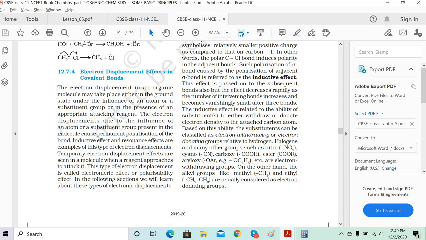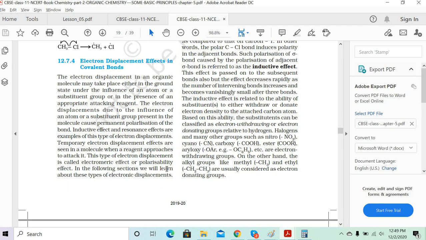The electron displacement due to the influence of the atom or substituent group present in the molecule causes a permanent polarization of the bond, and the inductive effect and the resonance effect are examples of these types of electron displacements. Temporary electron displacement effects are seen in the molecule when the reagent approaches to attack it, and this type of electron displacement is called the electrometric effect or the polarizability effect.